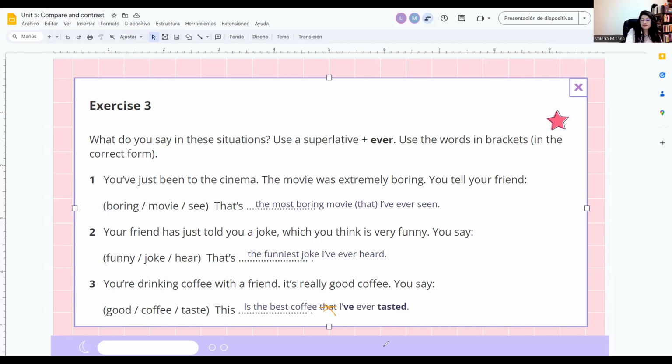This is the best coffee I've ever tasted. Don't forget to pronounce the last syllable here, tasted, because we have a T here. So when you have a T or a D, the E needs to be pronounced. So tasted, that's the pronunciation. Good. It is perfectly possible to leave that out.